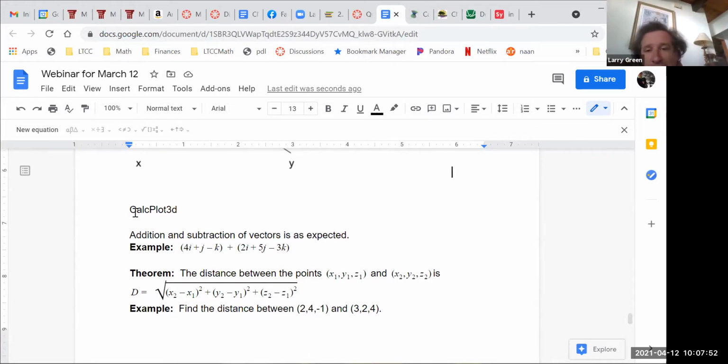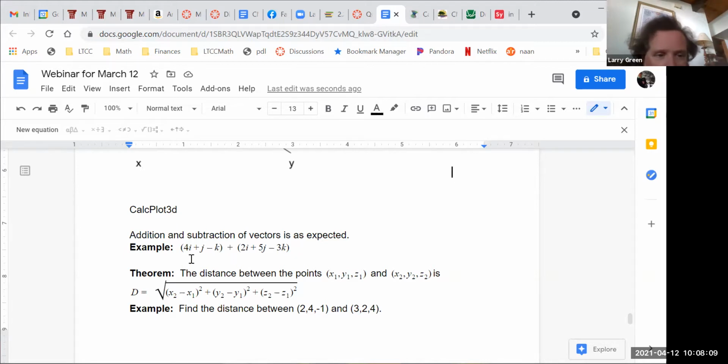You could have vectors in 3D, and the idea is it's no different than in 2D. It just means that instead of 2 coordinates, you've got 3 coordinates. Often you call them i, j, and k for the x, y, z coordinates.